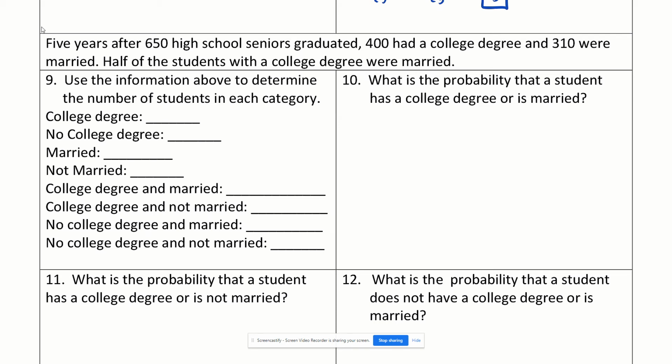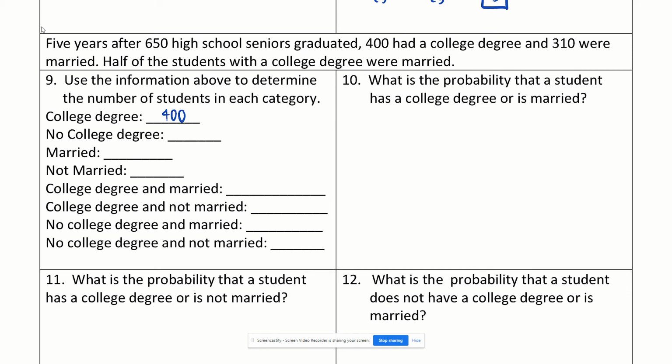Okay, so let's try to decipher some stuff. Let's fill in these blanks here. How many actually had a college degree? 400. Now listen, if there were 650 people and 400 ended up with a college degree, how many had no college degree? Remember, that's the complement thing. You're going to subtract. So that's going to be your total 650 minus 400.